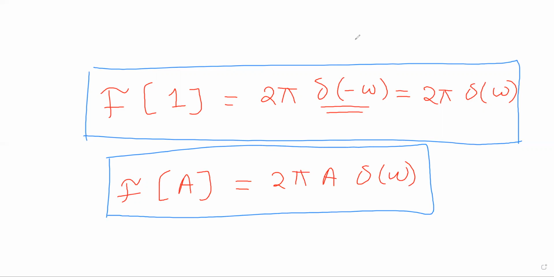So this is one way of doing the Fourier transform of a constant. The other way is by using the delta function, from the formula.